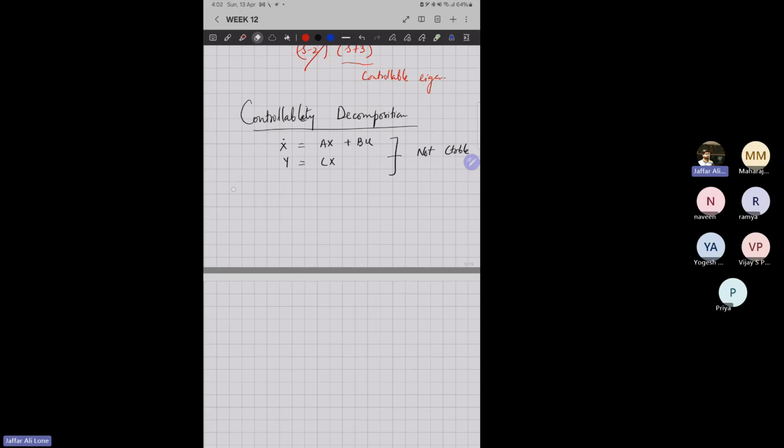So if the system is not controllable, we can find a matrix P such that P A P inverse is equal to [AC, A12; 0, AC bar], and PB is equal to [BC; 0], where this AC and BC are the controllable part.